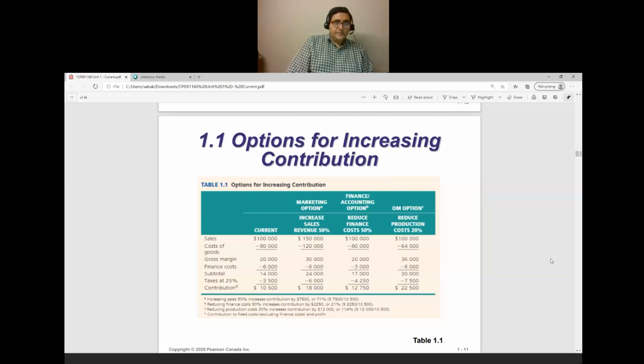Now, just a quick example. This example is from your own textbook. Let's see how each of these items, marketing, finance or accounting, and operations management, help a company become profitable. It's okay even if you don't have much exposure to accounting statements before.